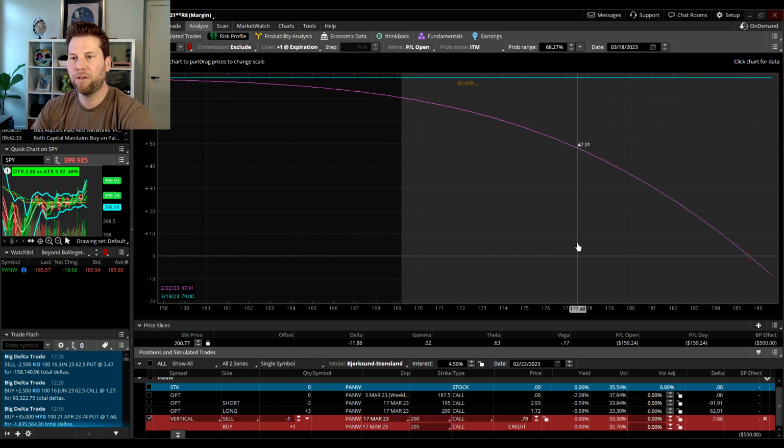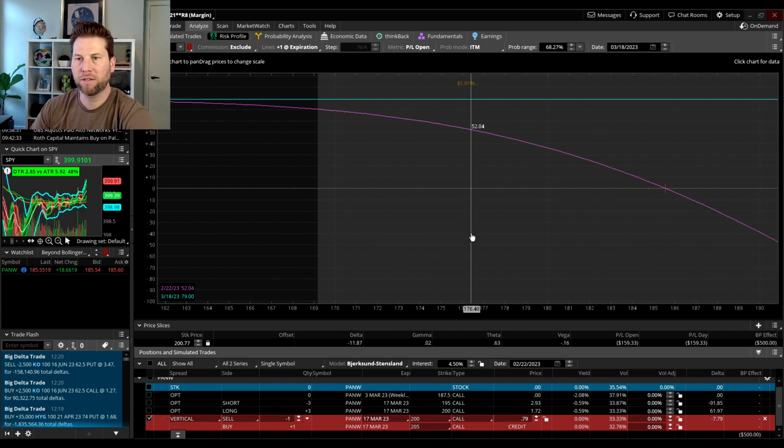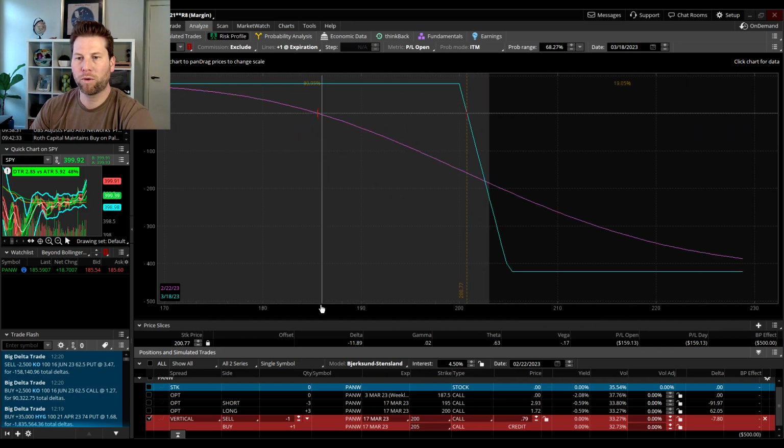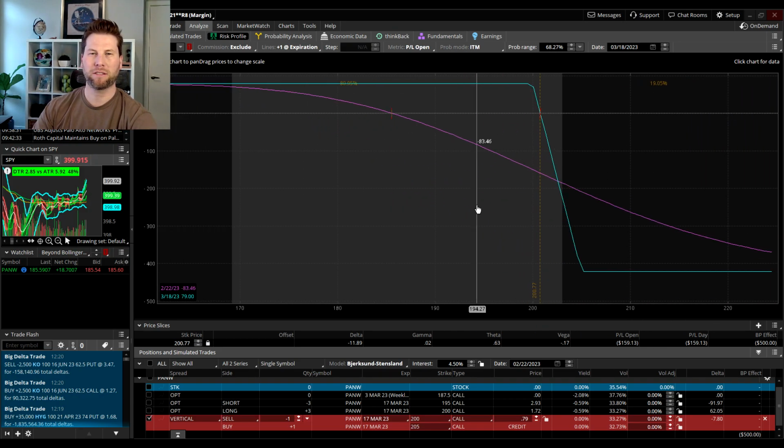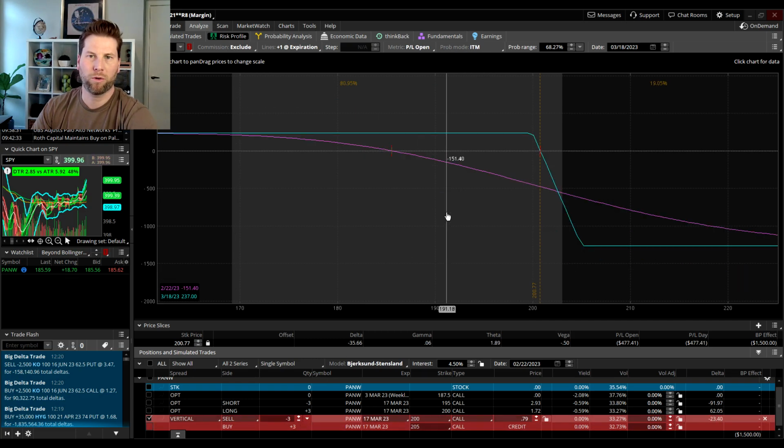So you can see here that you can move things around more to your liking. I usually like something like 73 to 78%. It usually comes out because that gives me a good enough credit that I think it's worth it to wait that long. And it also has a good percentage chance.